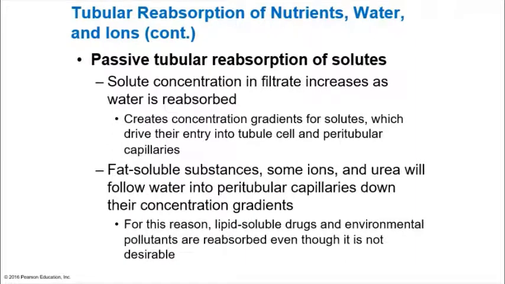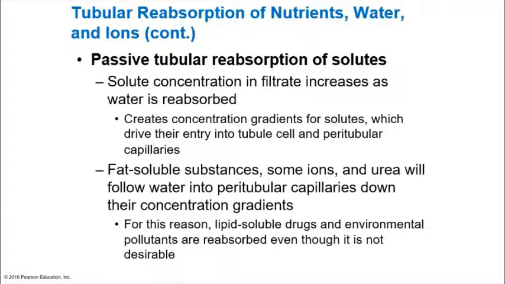And because of that, you're going to see some consequences. When you do all this water reabsorption in the proximal convoluted tubule, what's left in the tubule, the filtrate, is now highly concentrated. Once you pull out the water, the filtrate will become concentrated. Makes sense because you're taking out the water. But turns out things also like to follow water.